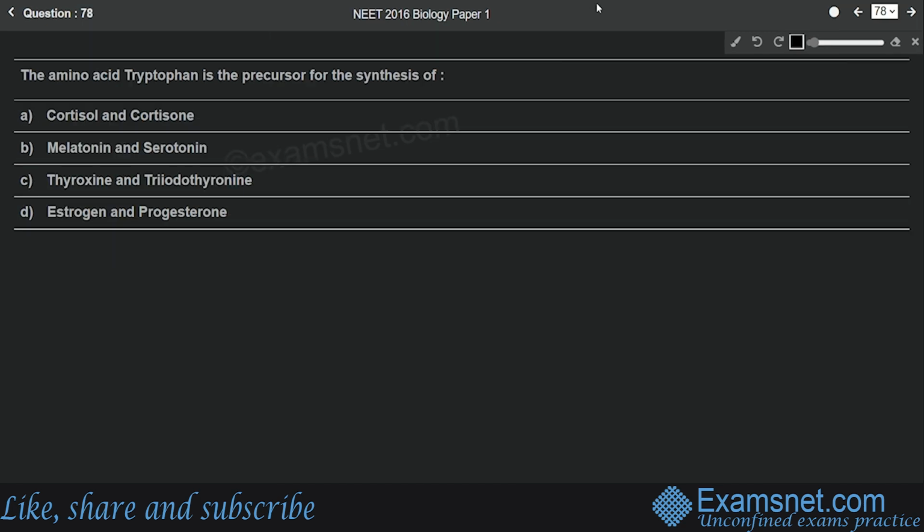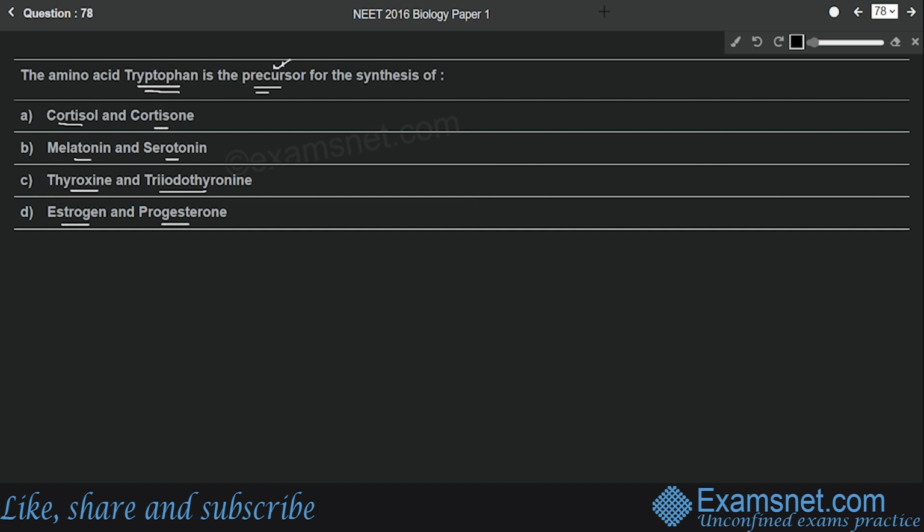Now question number 78 is from the chapter Chemical Coordination and Integration, and the question is: the amino acid tryptophan is the precursor for the synthesis of, options are cortisol and cortisone, melatonin and serotonin, thyroxine and triiodothyronine, and the last one is estrogen and progesterone. So what is a precursor?